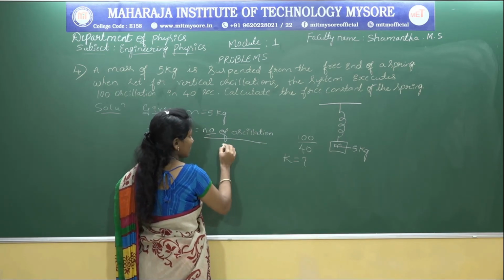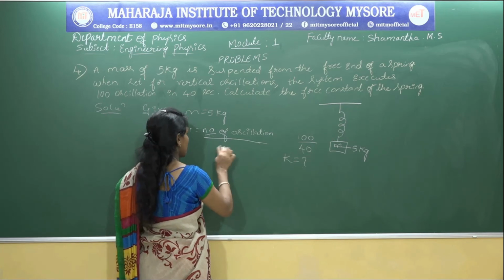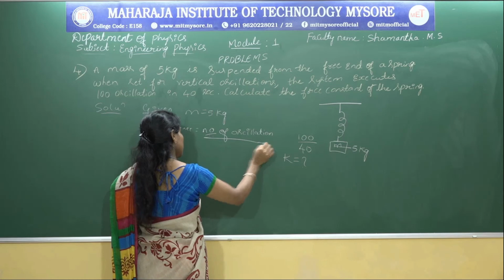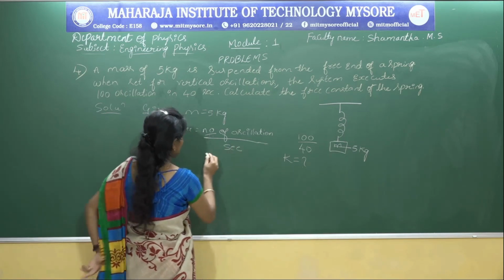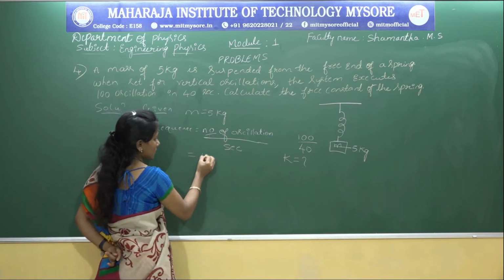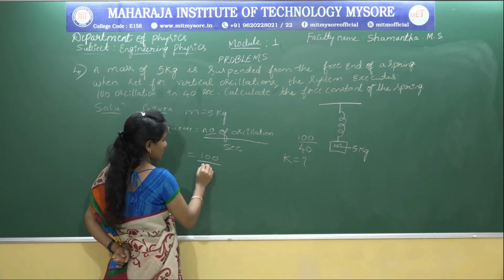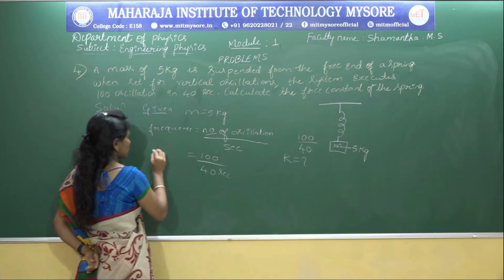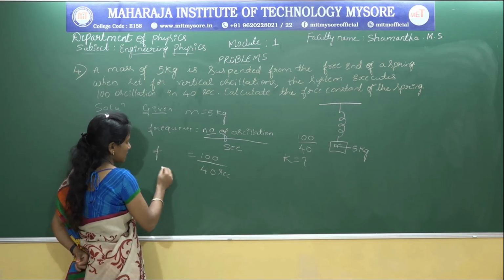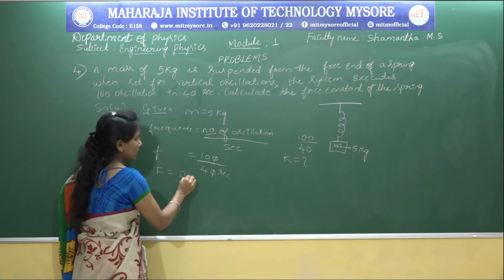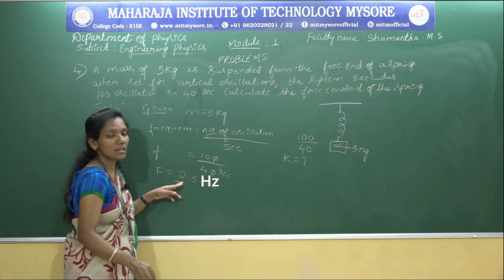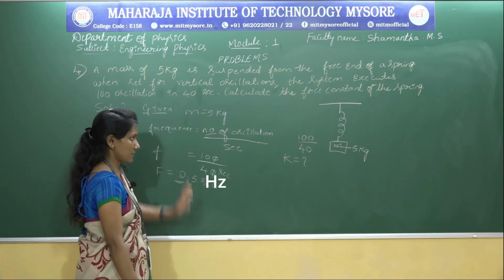What is the number of oscillations? That is 100 oscillations. And what is the time given? 40 seconds. Okay. Then calculate the frequency. Then what we will get? If we simplify this, then we will get frequency f is equal to 2.5 per second.